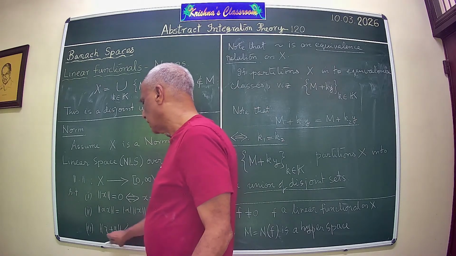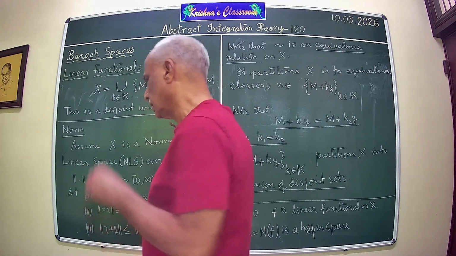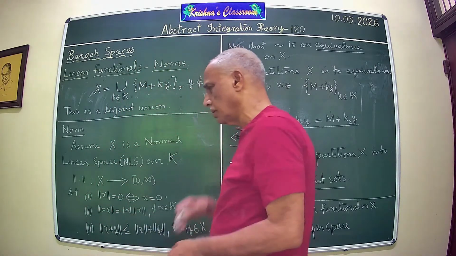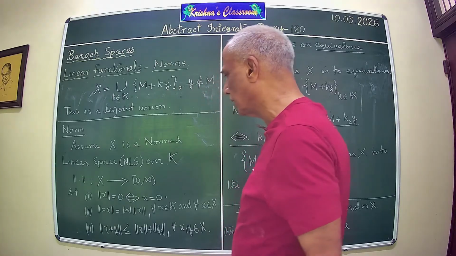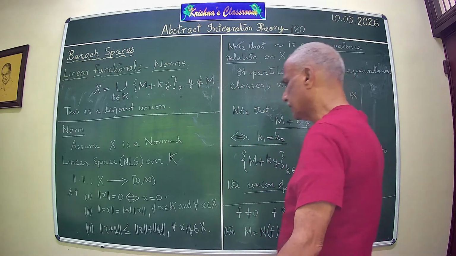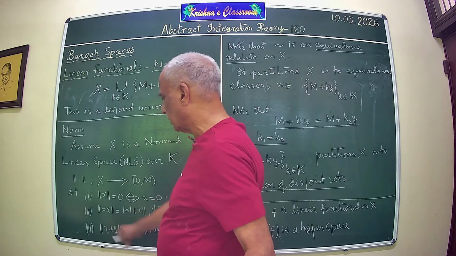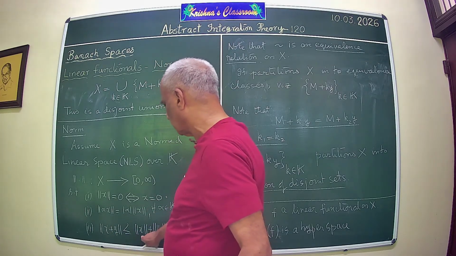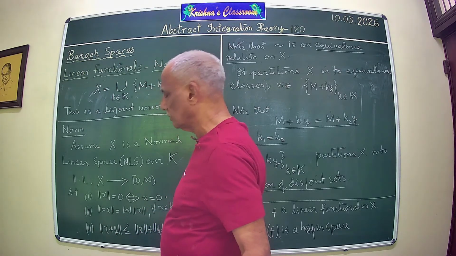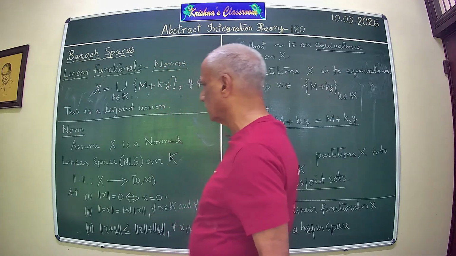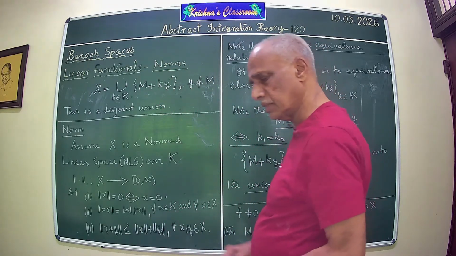The other one relates to the addition operation that you have in the linear space. We are saying how it behaves on addition. It says that norm of x plus y is less than or equal to norm x plus norm y. This is the triangle inequality. Okay.